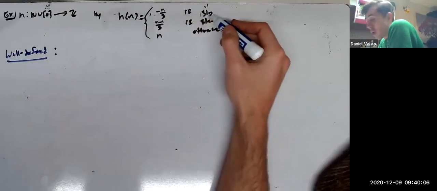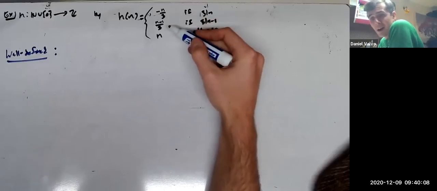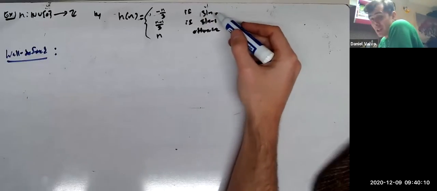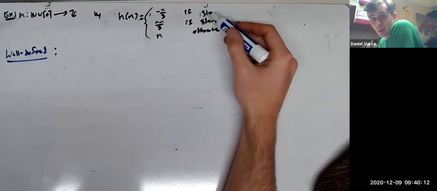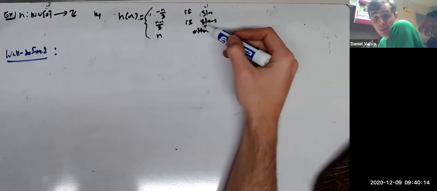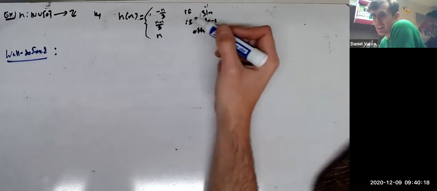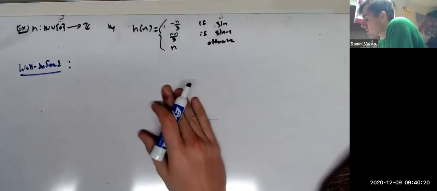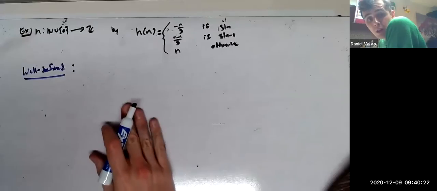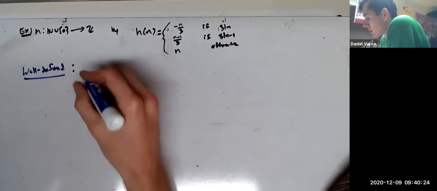Because if these two cases overlapped, then we would have 2 possible answers. Like if there was a number that was both divisible by 3 and n minus 1 was divisible by 3, then both of these would be our output, and that's no good.